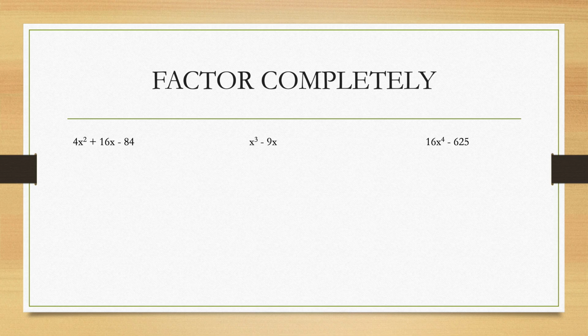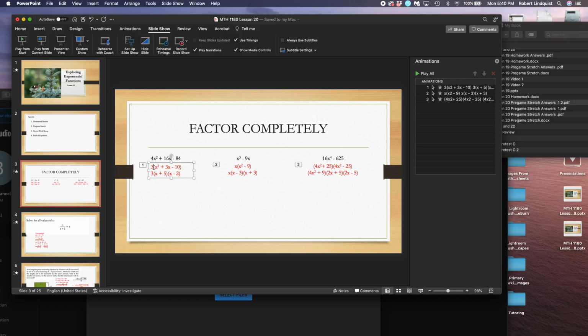Okay, for the first one, they share a 4 in common. I have no idea why that says a 3 there. It should be x squared plus 4x minus 21, and this would be x plus 7, x minus 3. My only guess is it didn't save from the last time.